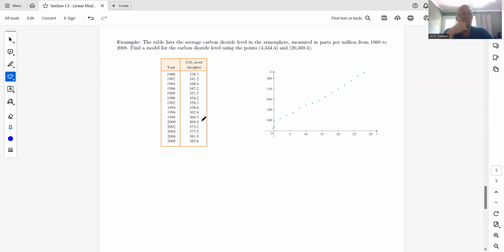So what we want to do is find a model for the CO level using 2 points. They'll give you 2 points, but you could pick any 2 points. But we're going to pick the points 1984 and 2000. So find the slope between those 2 points.